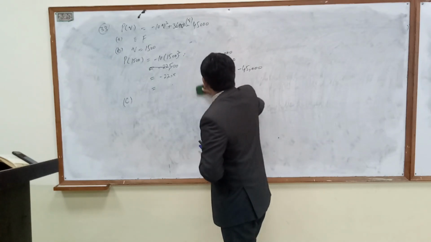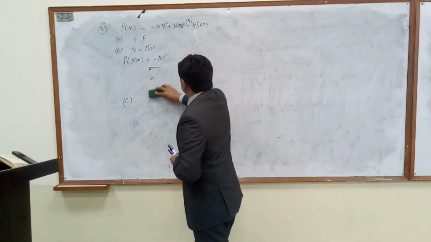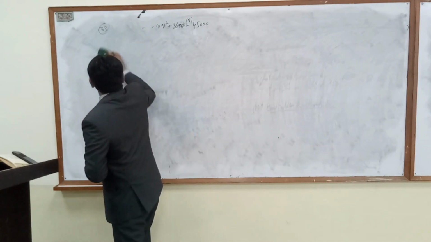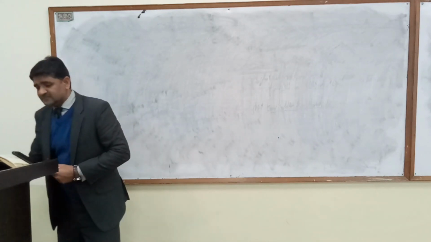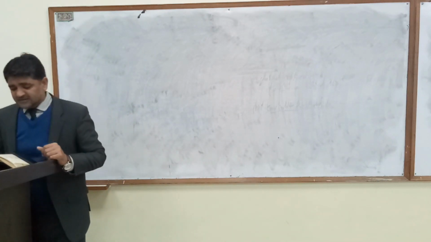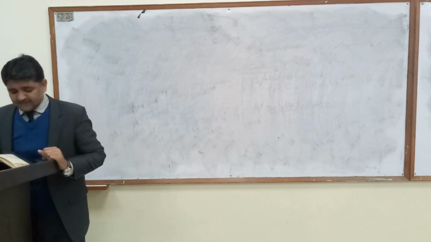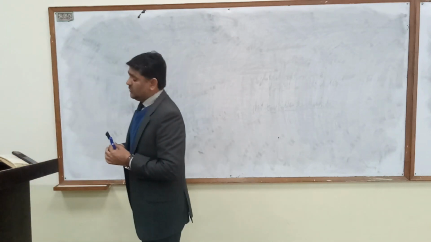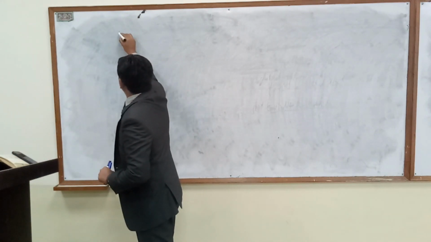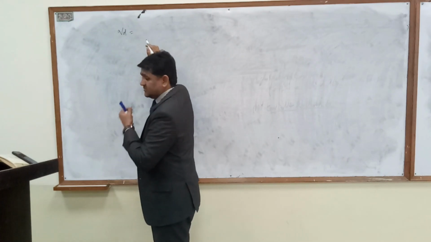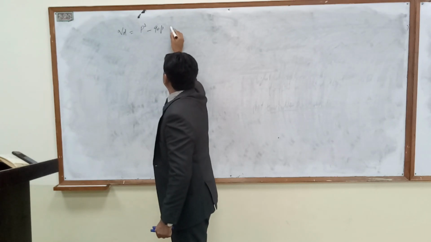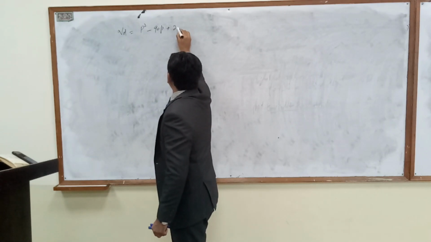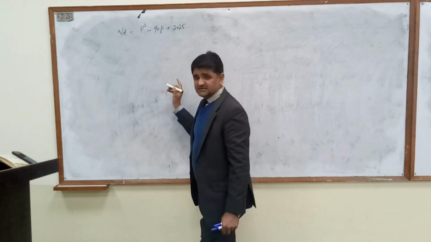The demand function is QD equals P square minus 90P plus 2025, where QD is the number of units demanded and P is the price per unit stated in dollars. What type of function is this? QD, quantity demanded, is equal to P square minus 90P plus 2025.